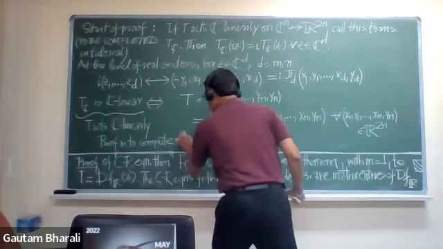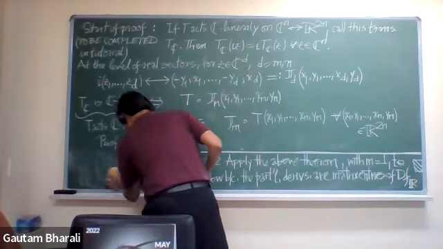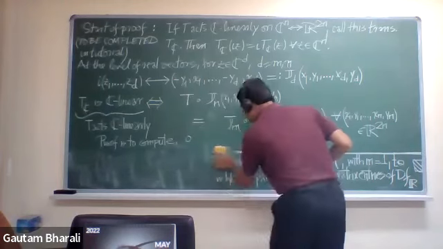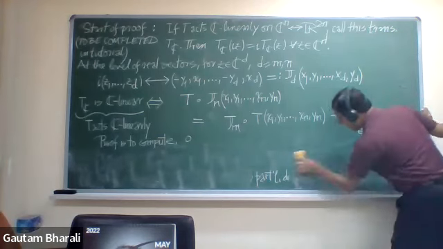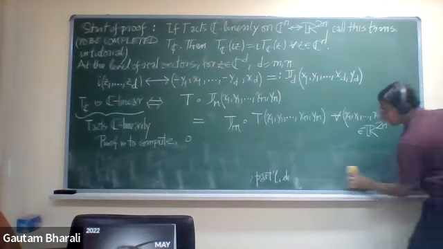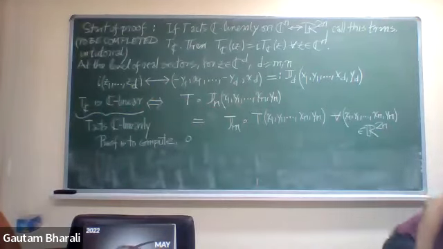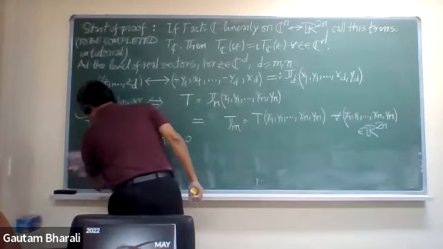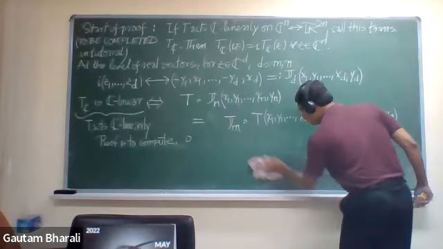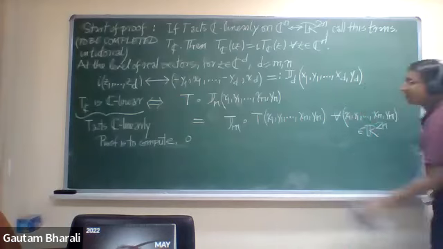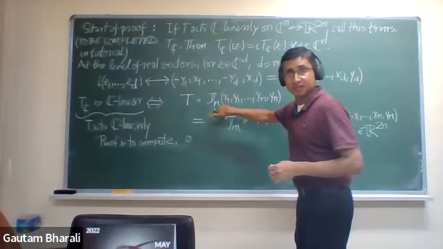So let's do maybe one part of this computation, which is, I look at the 2j minus first row, or I look at the 2j minus first entry of this product.